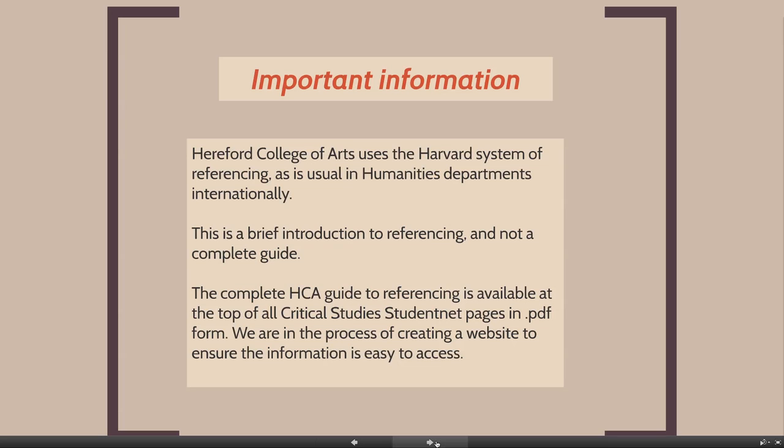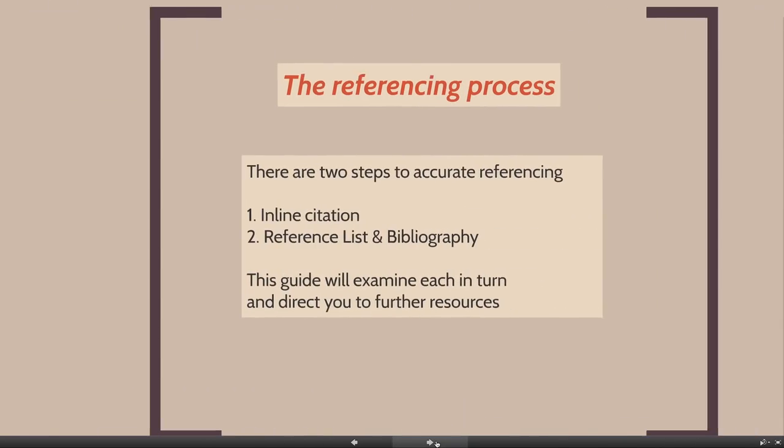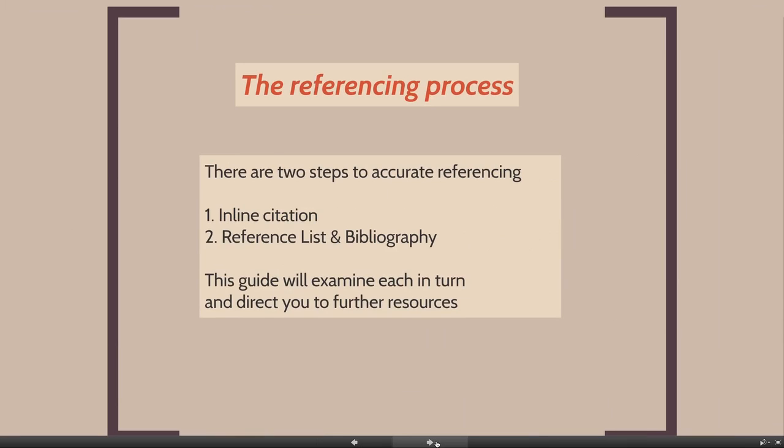If you want more information and some examples, then we have the complete HCA guide and also a website, which I will give you links to from the course page. So let's look at the referencing process, because there are two steps to accurate referencing. The first step is inline citation, and that's within your text. And secondly, there's the reference list and the bibliography. So this guide will examine each in turn and then direct you to further resources.